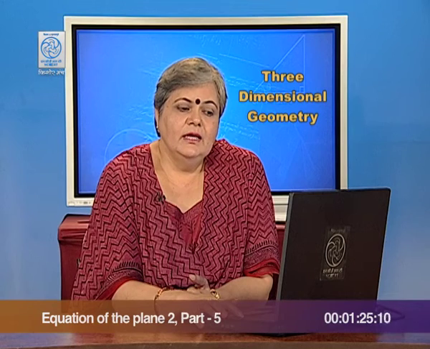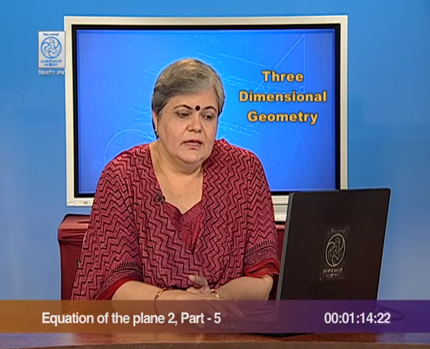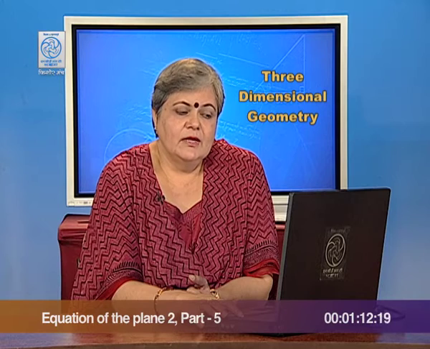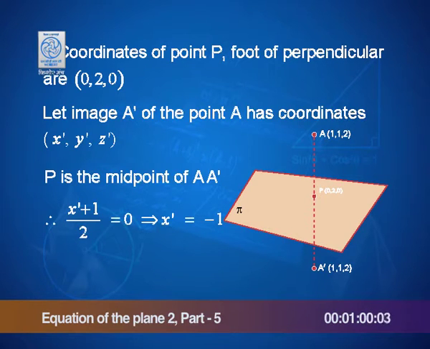In order to find the image, the only thing I need is an understanding that the image is equidistant from the plane as the point A. So, the foot of perpendicular P is the midpoint, and if I take A dash as x dash, y dash, z dash, then using the section formula, I have a simple result which helps us say that (x dash plus 1) by 2 is 0, which gives me x dash as minus 1.